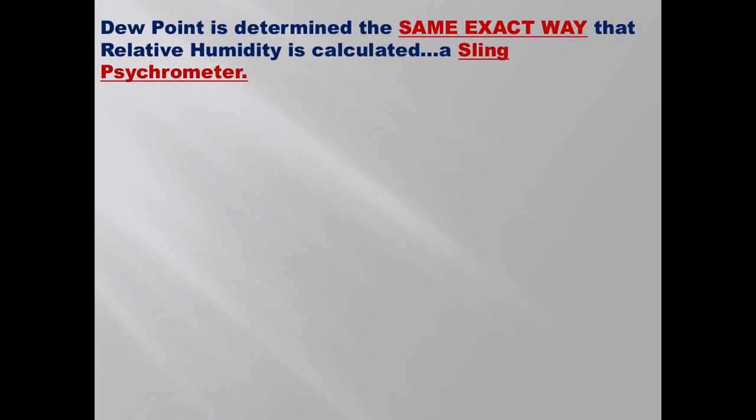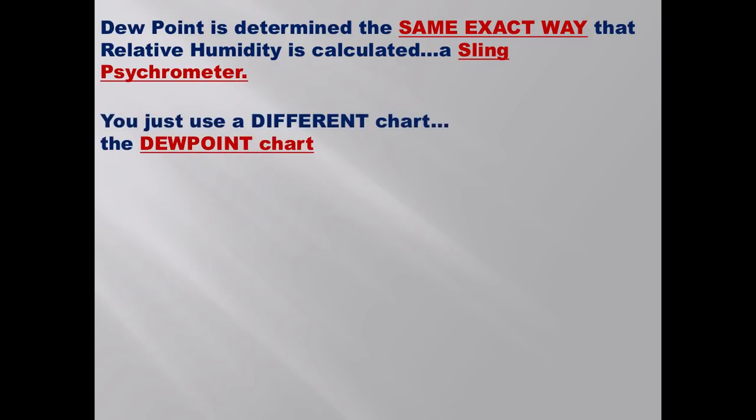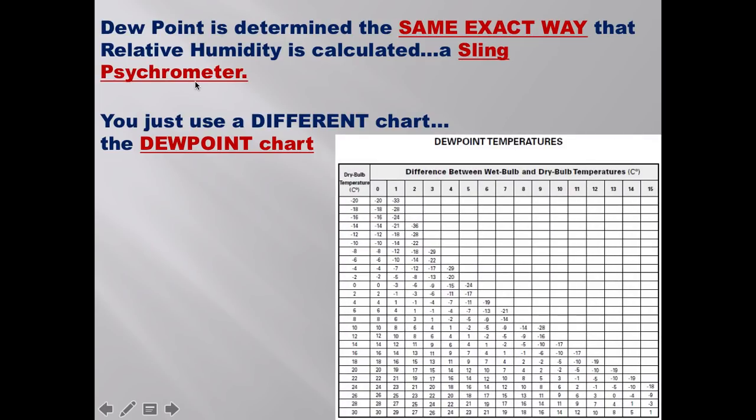Now, what's cool about dew point and relative humidity, I use the same instrument. I use a Sling Psychrometer, so that dry and wet bulb temperature. I just have a slightly different chart. So let's do the same thing, except for this one. So if my dry bulb is 12 and my wet bulb is 7, find the difference is 5.